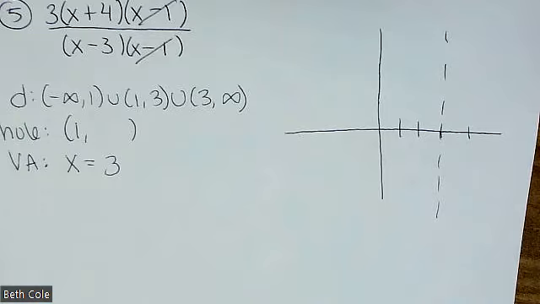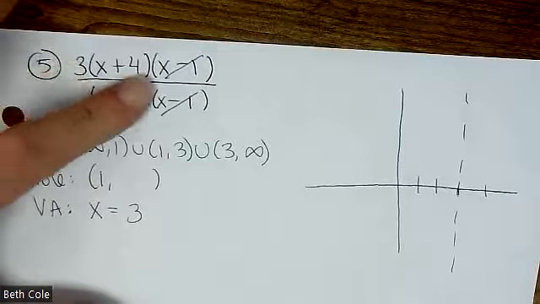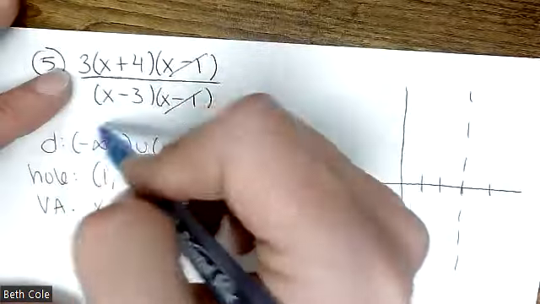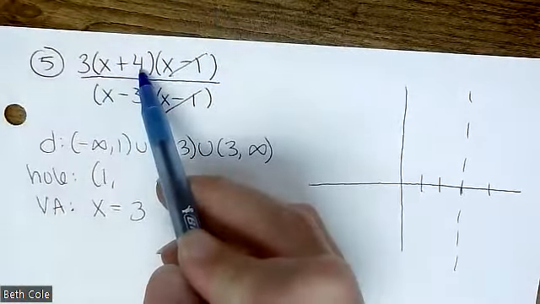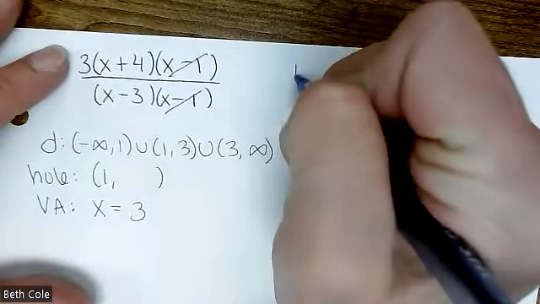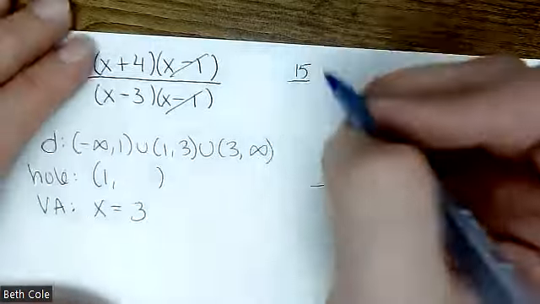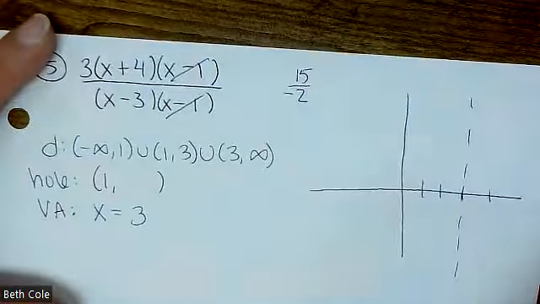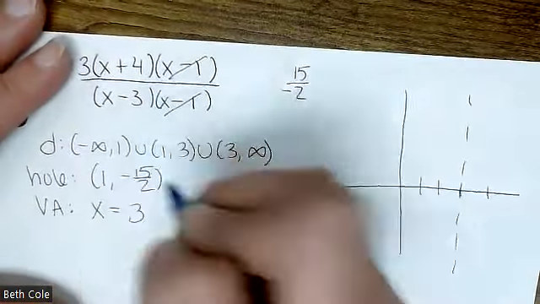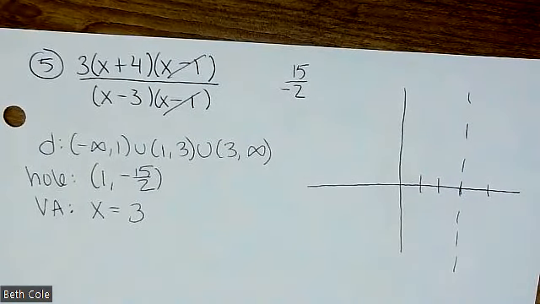Then you want to go back and get the other part of the hole. You're just going to take 1 and plug it into what's left here. So we're plugging into this part. So 1 + 4 would be 5 times 3, 15. And then 1 - 3 is -2. So -15 halves. Now, when you go to put that on the graph, you have to know where that's going to be.